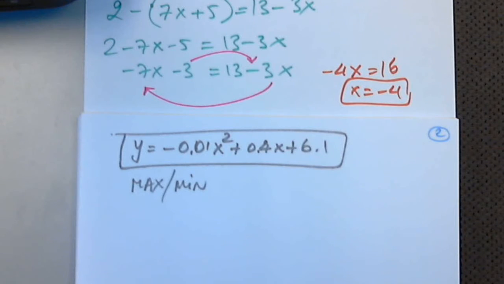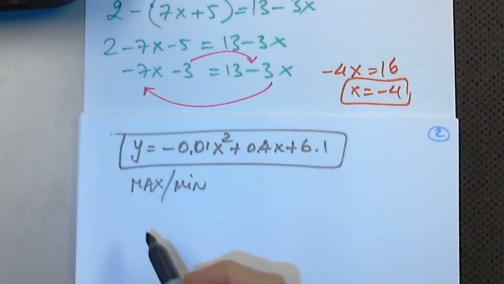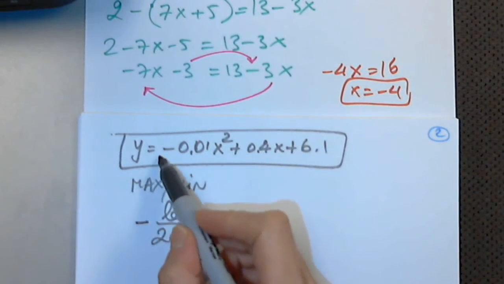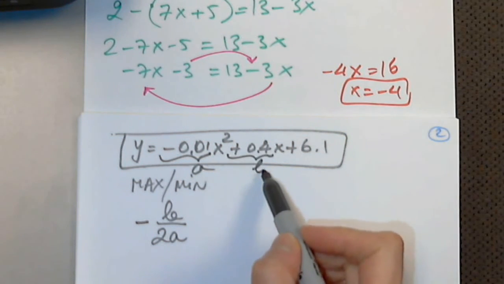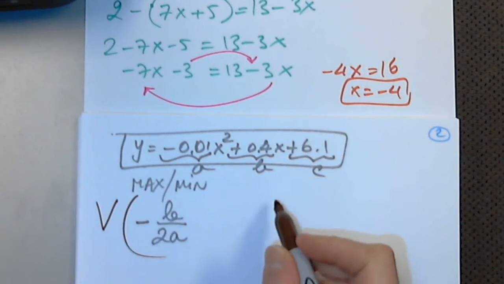But anyway, regardless, in order to find the minimum or the maximum of a quadratic function, we have to determine negative b over 2a, where this is a, this is b, and this is c. This is the x-coordinate of the vertex, the maximum or the minimum.